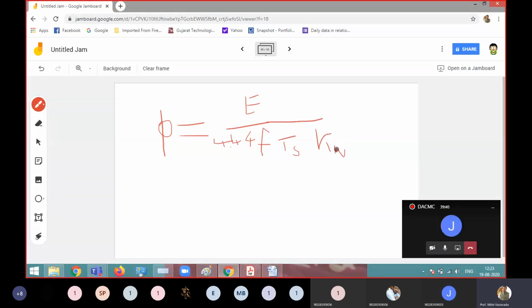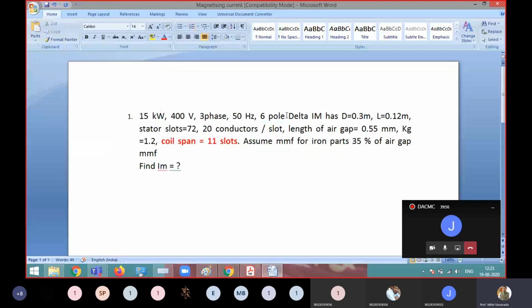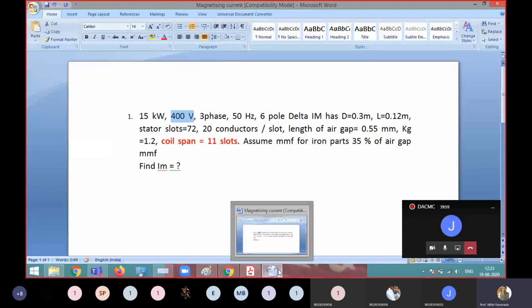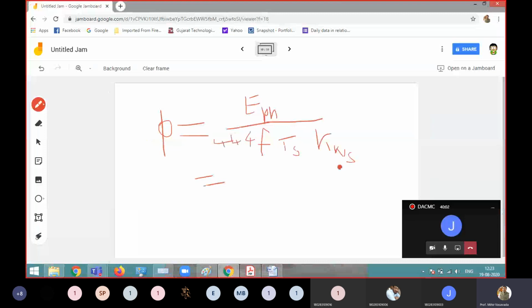Winding factor for stator. This is the equation for flux. Very good, Jugal. So put the value in this equation. You know everything. What is EPH? Star से delta से check करो. Delta connected. So it is 400 volt only, right? EPH is 400 volt only. So 400 divided by, put all the values and find out the flux and write in the chat box.